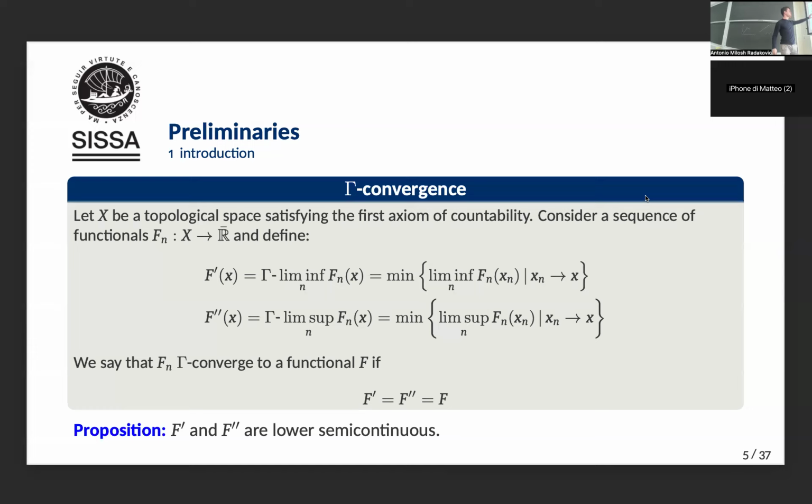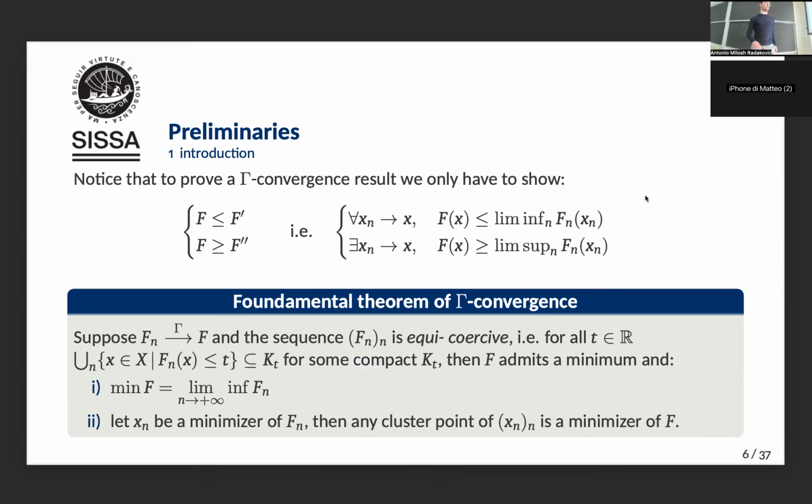So, apart from the definition through gamma lim sup and gamma lim inf, what I really want to highlight is that the gamma limit will be a functional always lower semicontinuous. What I want to stress more is how we prove a gamma convergence result.